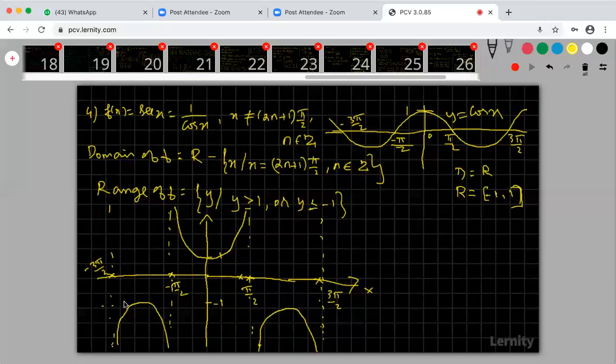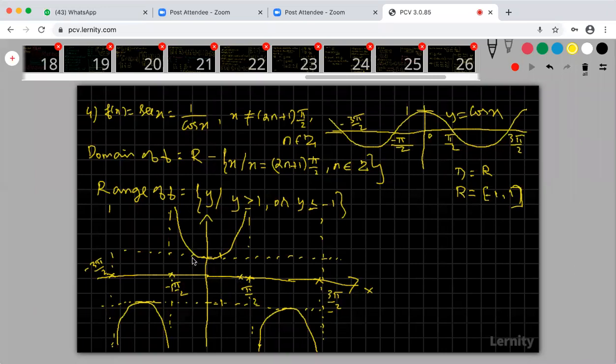Look at that. This is your minus 1, and this is your plus 1. Why is the curve coming like that? The range of cos x is minus 1 to plus 1, but the range of secant x is outside minus 1 to plus 1.